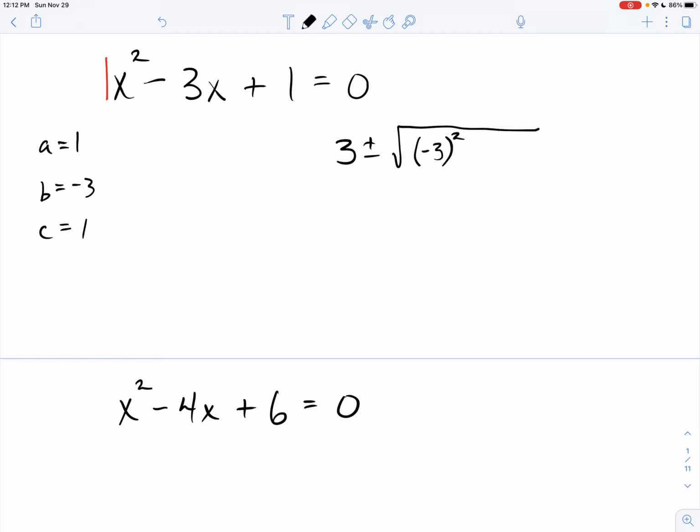Anyway, I'm just illustrating that with parentheses right here. So -b plus or minus the square root of b squared minus 4 times a times c, all divided by 2 times a. So in this case, 2.